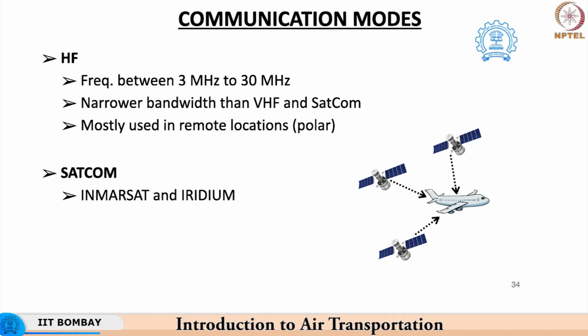The former makes use of a constellation of 15 geostationary satellites to carry out voice and data transmission, whereas Iridium makes use of a set of 66 low Earth orbit satellites. The latter covers the complete globe, whereas Inmarsat cannot be used in the polar regions. So SATCOM makes use of these two sets of satellite constellations to carry out data and voice transmission between the aircraft and the ATC.